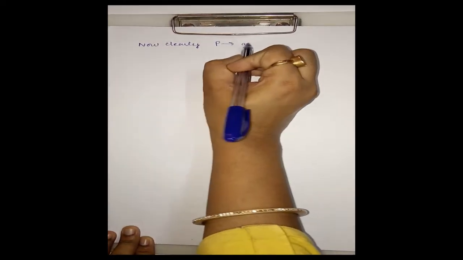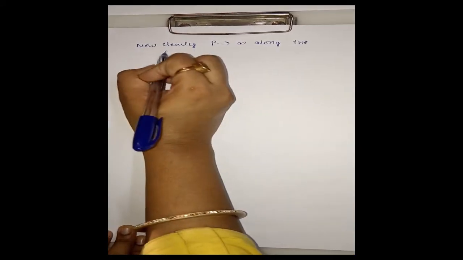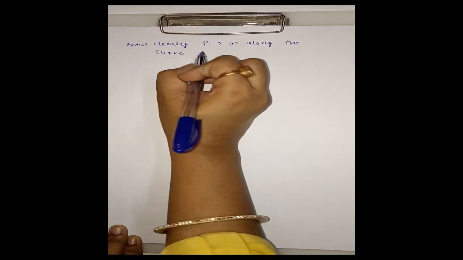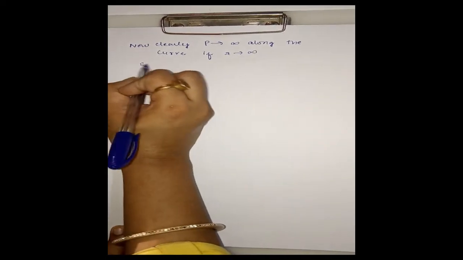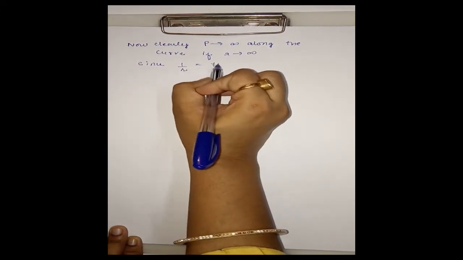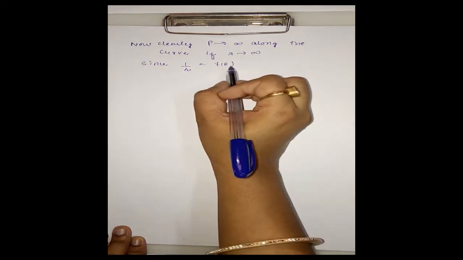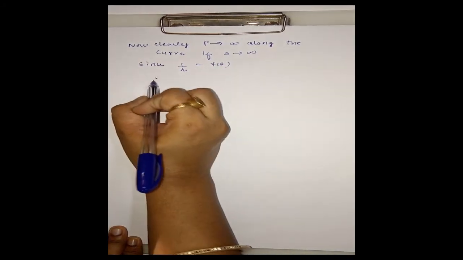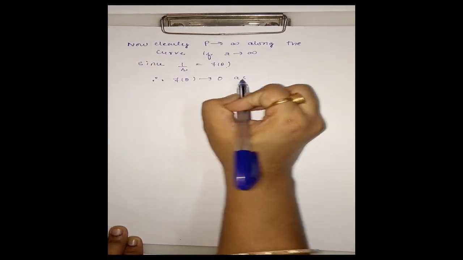Since 1 upon r is equal to f theta, as r tends to infinity, f theta will tend to 0. Therefore f theta tends to 0 as r tends to infinity.